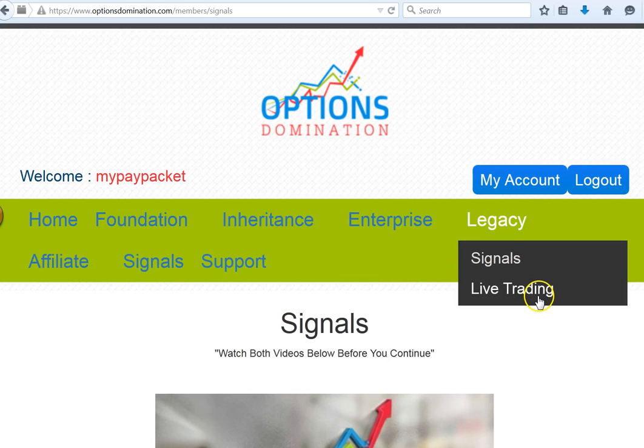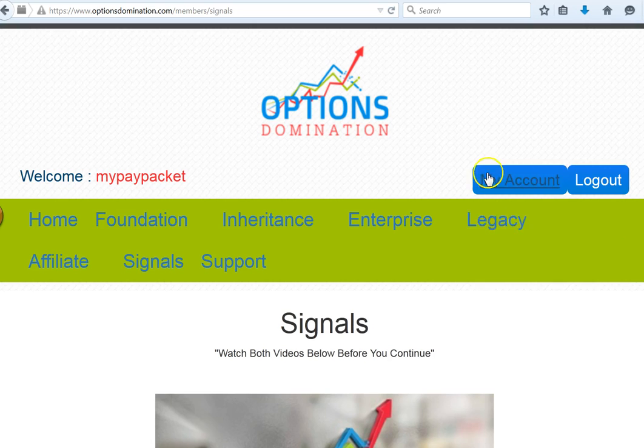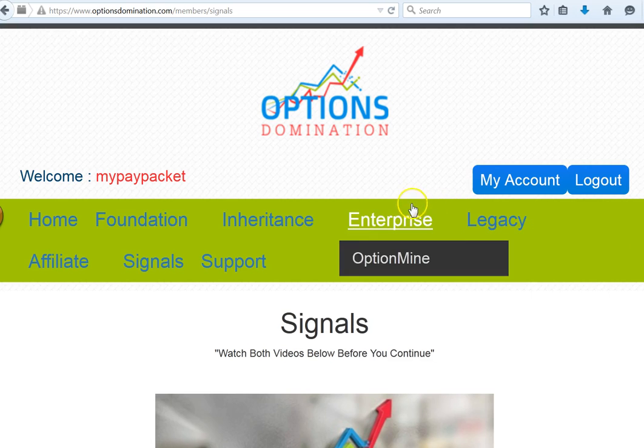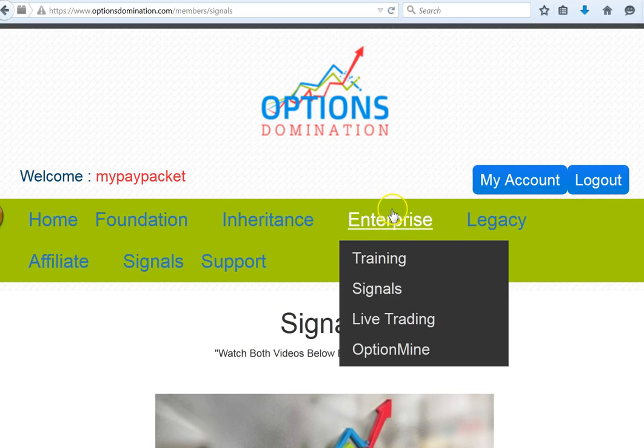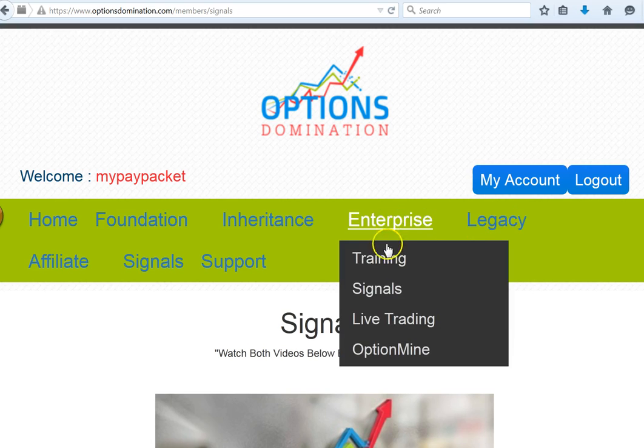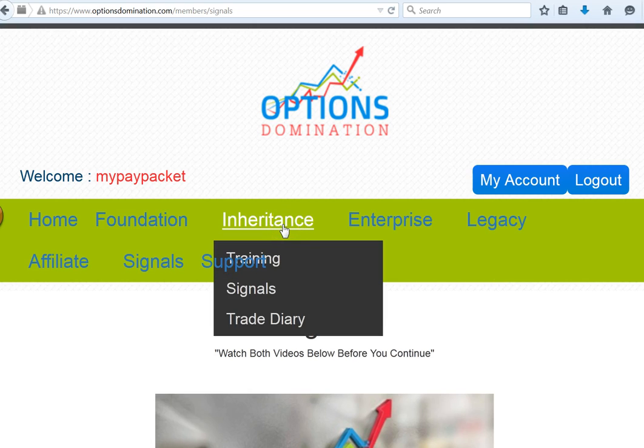Let's just see. So I am at the legacy level, and if you are at the enterprise level or the legacy level, as you can see here, you are able to take live trades or join the live trading sessions. Not so much with the inheritance level.